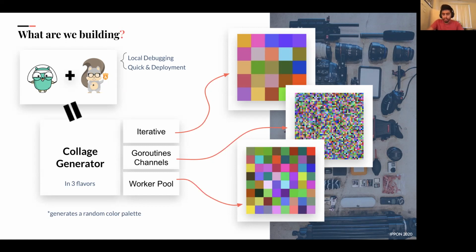But the main idea is that the same pieces of code that I'm writing for the simple iterative approach are going to be reused. I'm going to reorganize the code and introduce a couple pieces, but essentially it's going to be the same main pieces of work, just done in a concurrent way.